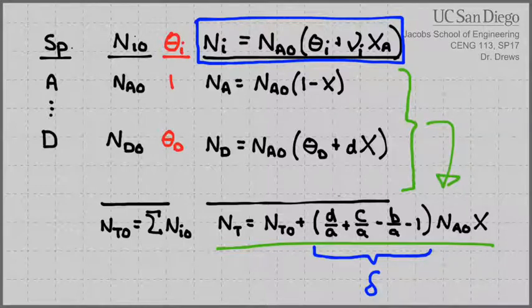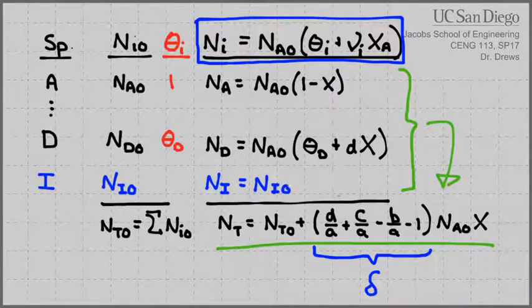So if you do have an inert sitting inside the system, which is usually given by capital I, now you have n sub I 0, and the amount of inert you end up with afterwards, if the stoichiometric coefficient is 0, is simply n sub A0 times theta sub I, where I is for the inert, which is just n sub I0.